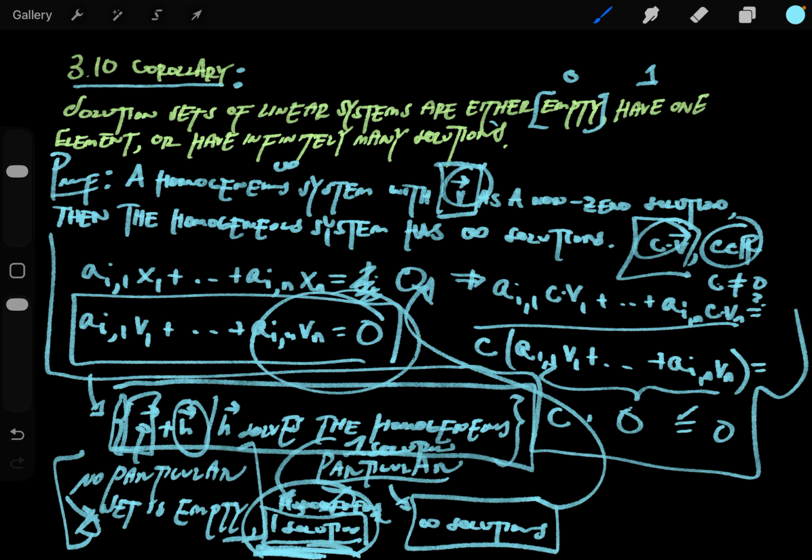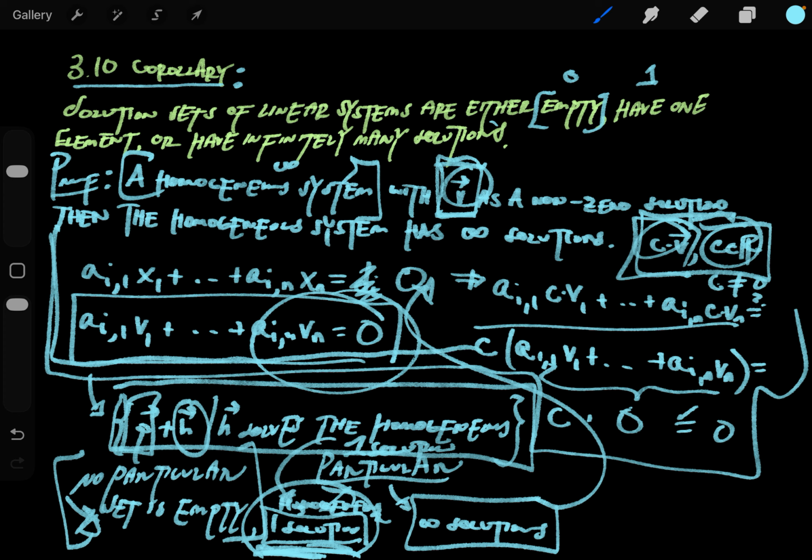Now, if there's a single non-zero vector that is a solution of the homogeneous system, then we can multiply by any scalar to get another solution, or infinitely many solutions, because we can multiply by infinitely many scalars, and they'll all be a solution to the homogeneous system. So then this gives only the three possible combinations, and now you're done.